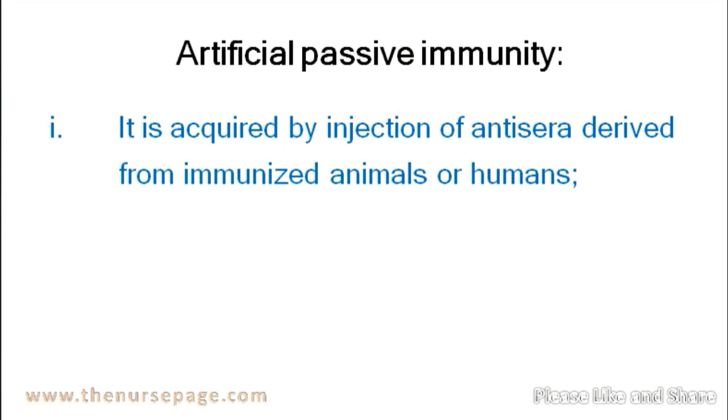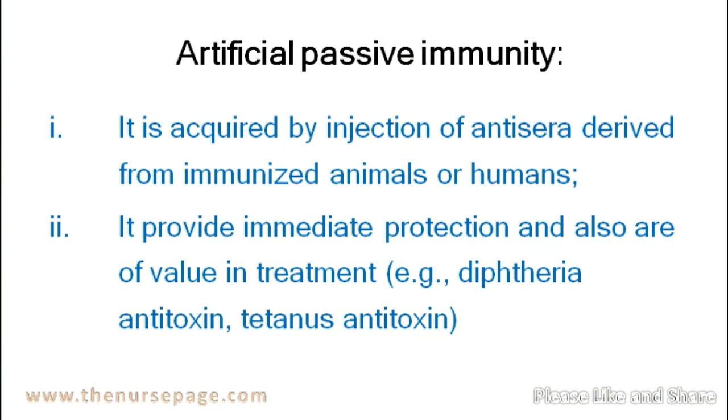So that gives artificial passive immunity. Artificial passive immunity provides immediate protection and is also of value in treatment. Examples: diphtheria antitoxin, tetanus antitoxin. So after suspected tetanus infection, first we will give tetanus antitoxin. So it will give early protection.